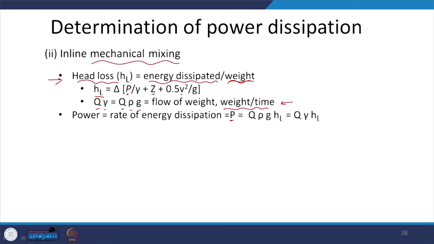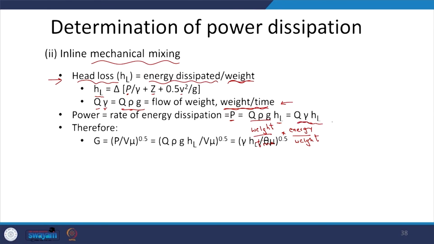P, this is power, is Q rho G, which is weight per time, into energy that is dissipated per weight, which is head loss. So that's what we have, Q rho G into HL.